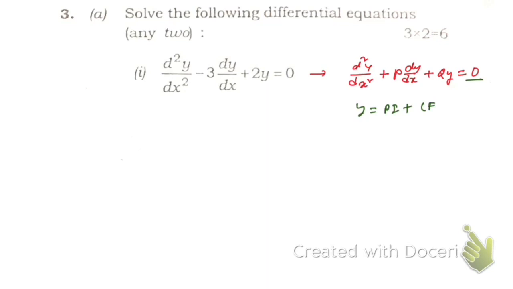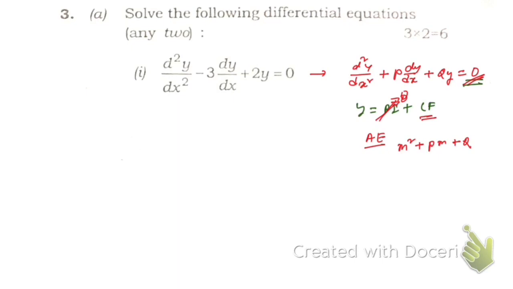Now you see, y is equal to PI plus CF, but in this form of equation where the right side is 0, PI is also 0, right? So CF will be obtained from the auxiliary equation. Here in this case the auxiliary equation will be m square plus pm plus q.